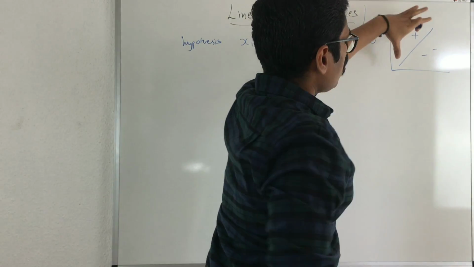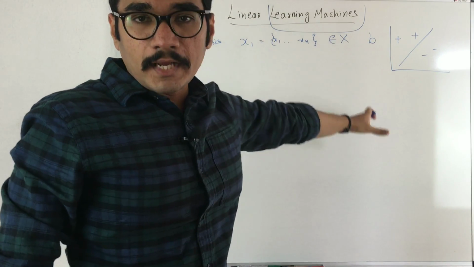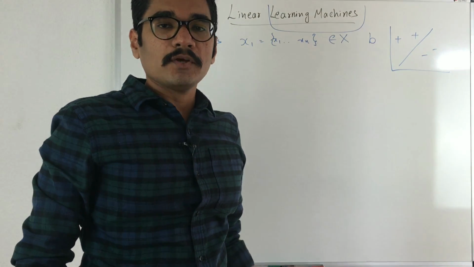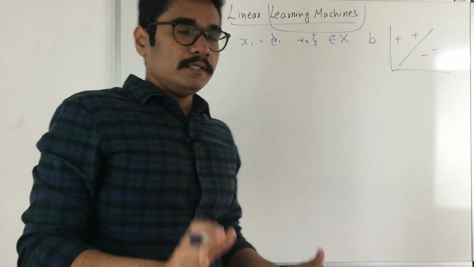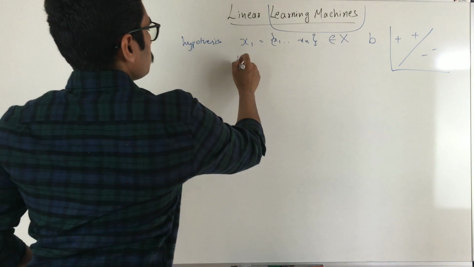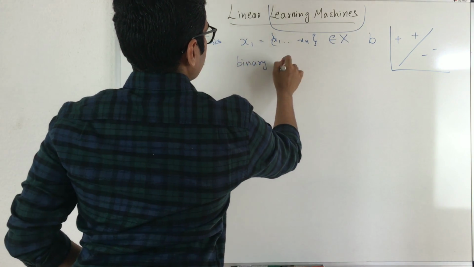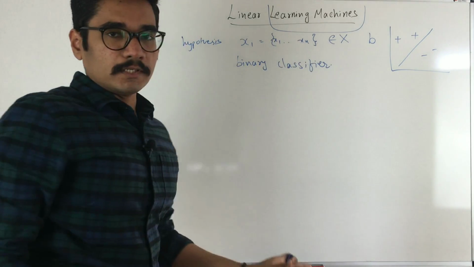This particular line will decide how well your hypothesis is able to classify the instances present in the data set. So this essentially is a linear learning machine. That is simple, it is nothing but a binary classifier. That is the general idea.